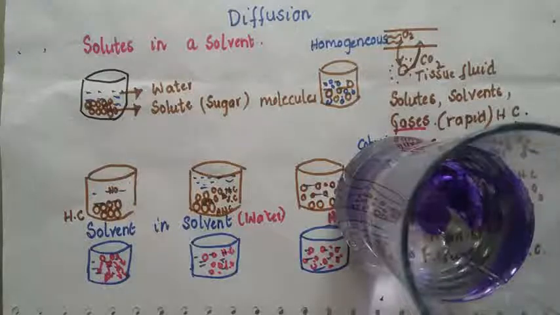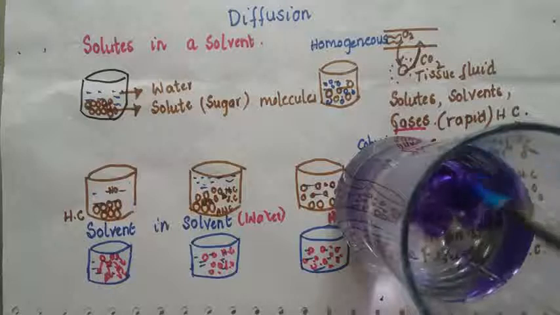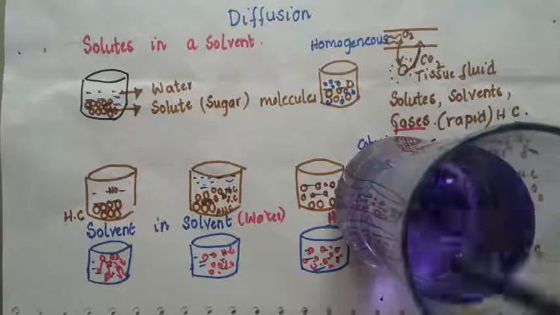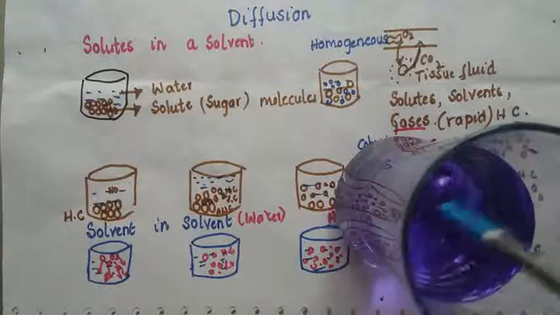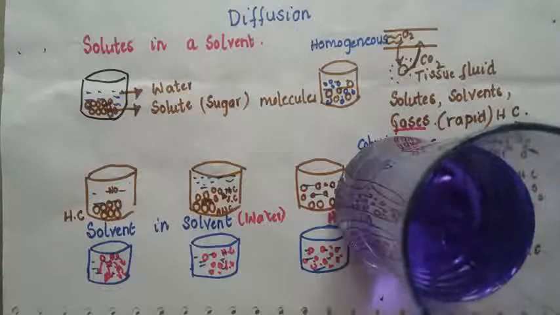I have to just stir the solution. When you stir the solution, children, you can see that the entire colorless water has changed into a blue colored homogeneous solution, which is nothing but diffusion.